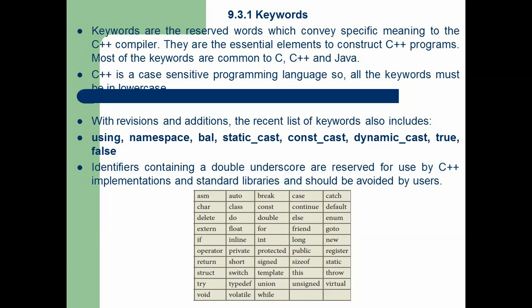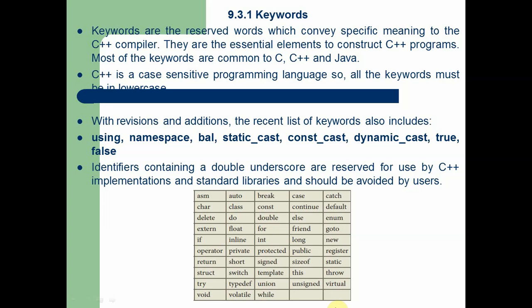So keywords are the reserved words, words reserved for C++ language, and they give some special meaning to the compiler. The compiler is the utility software which is used to convert the C++ programs, that is instructions, into binary language, that is machine understandable language.